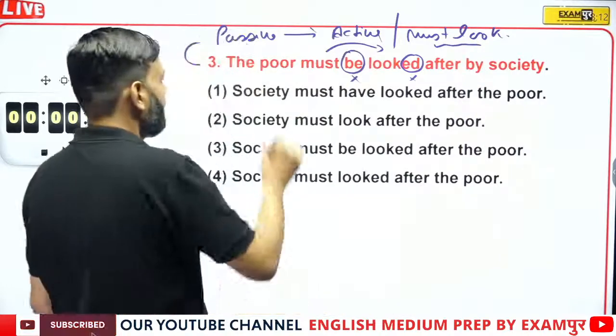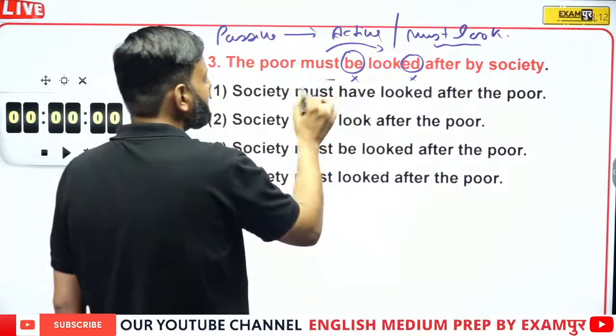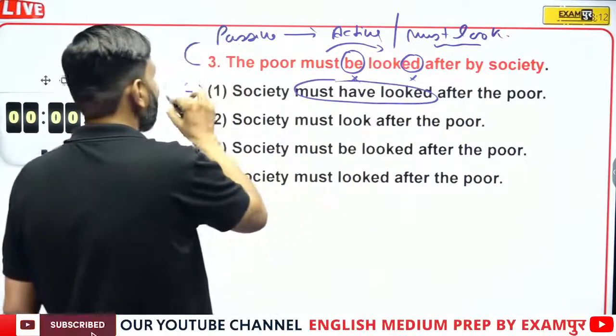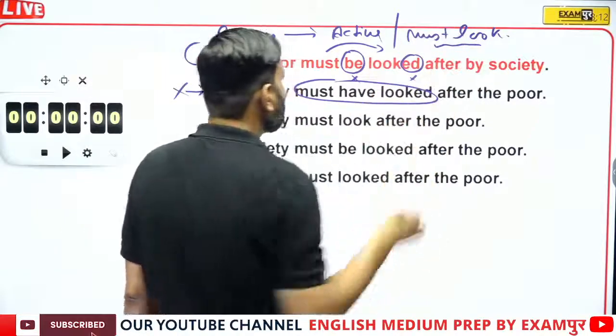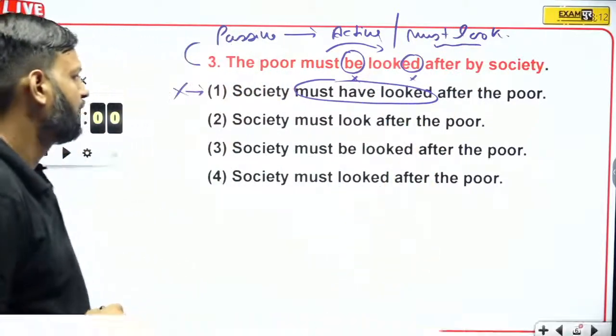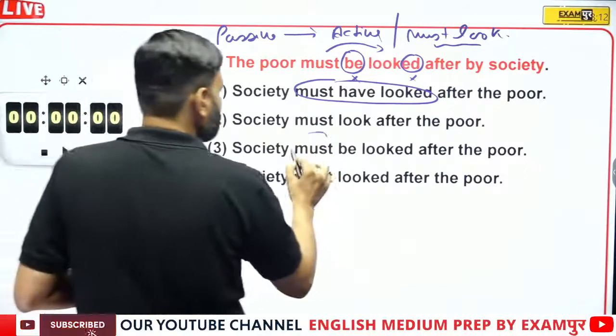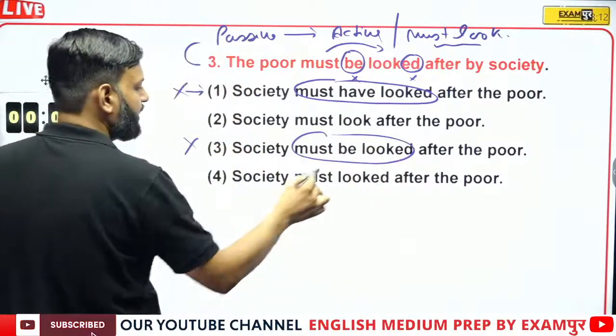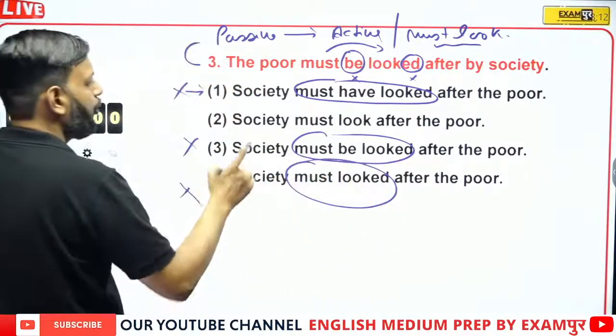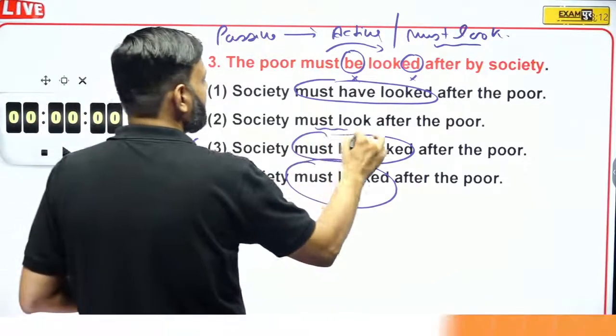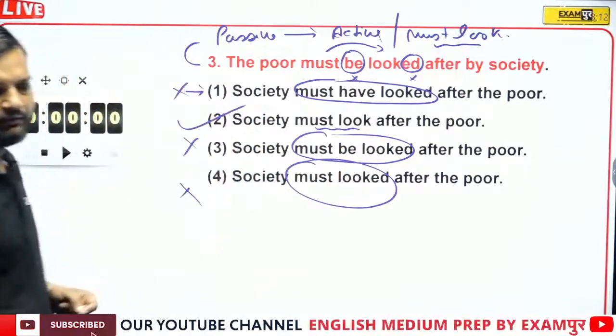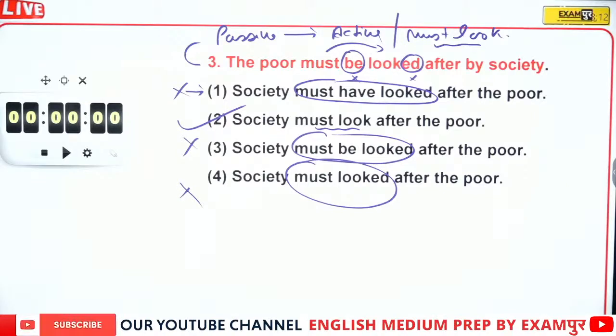Now in the option number 1 we have must have looked, which is wrong. Must look is required in the active sentence. Here we have must be looked, which is wrong, and here we have must looked, which is wrong. Only one option has must plus V1, so it will be the right answer.